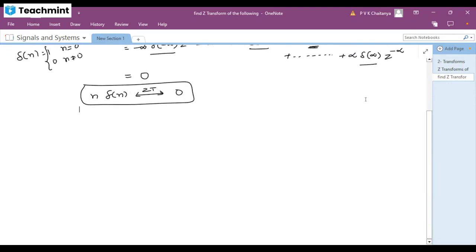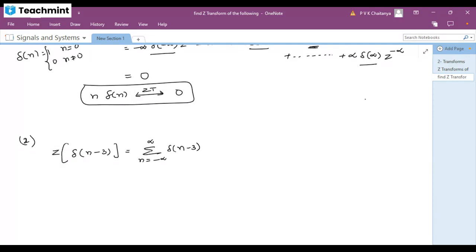So in the same way, suppose I want to find the z transform of del of n minus 3. So I can write it as sigma 0 to infinity or minus infinity to infinity, anything is the same, of del of n minus 3 into z power minus n.